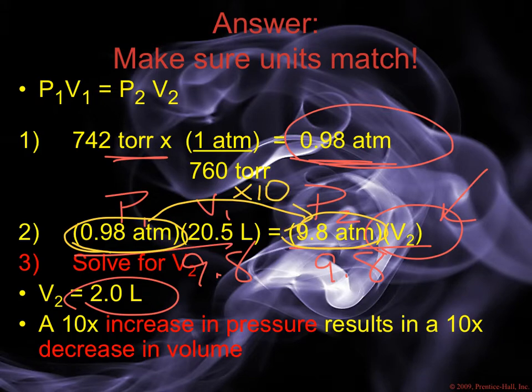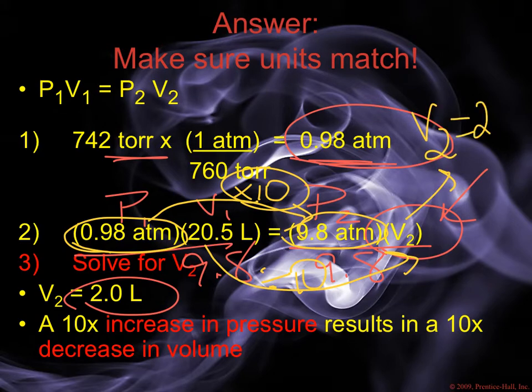So volume has to go the exact opposite direction by the same amount. If pressure increases by a factor of 10, volume must decrease by a factor of 10. So 20.5 divided by 10 means that V2 must equal 2.05 liters. With sig figs, 2.0.